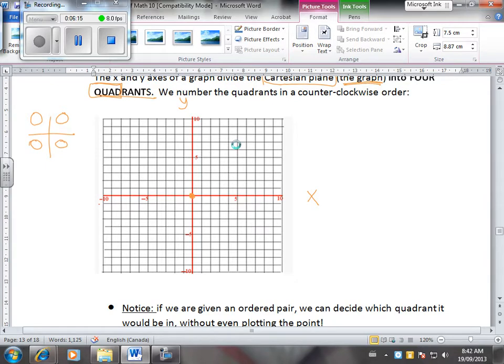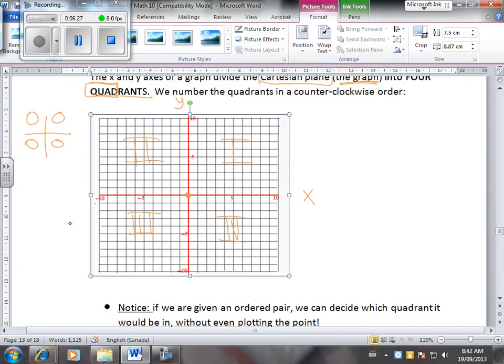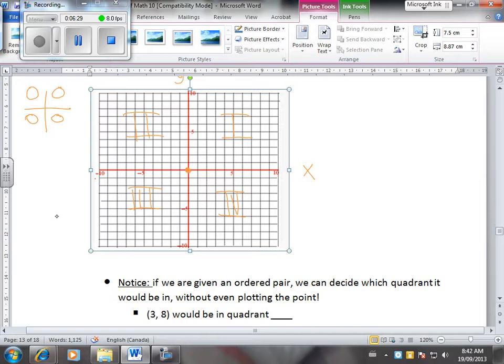So you have 1, 2, 3, and 4. And they're always numbered using Roman numerals. I don't know if that's a huge deal, but that's how you're always going to see them. And these are the easy Roman numerals, so they shouldn't be that difficult to remember.